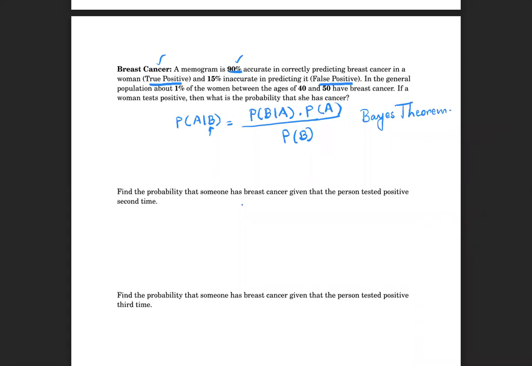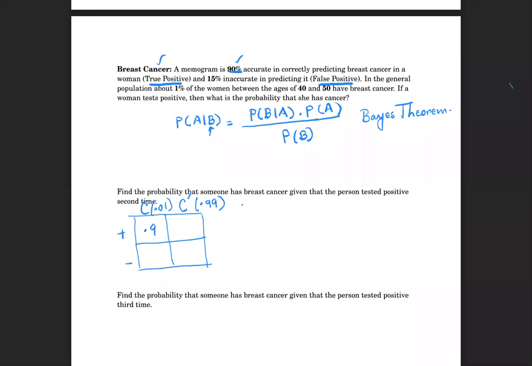So if you do the table again: someone has cancer versus does not have cancer. Cancer in the population is 1%, given in the problem, 0.01. Not having cancer is 99%. Now you either test positive or negative. This is 0.9, meaning you test positive correctly.